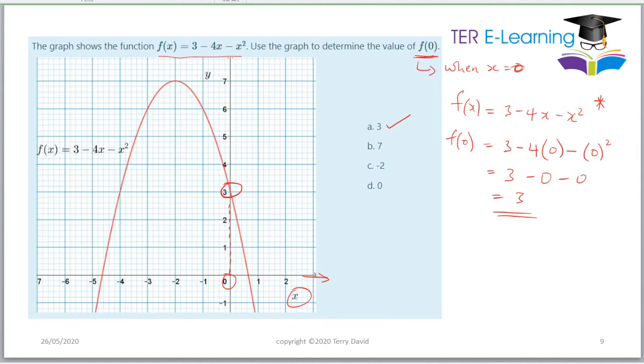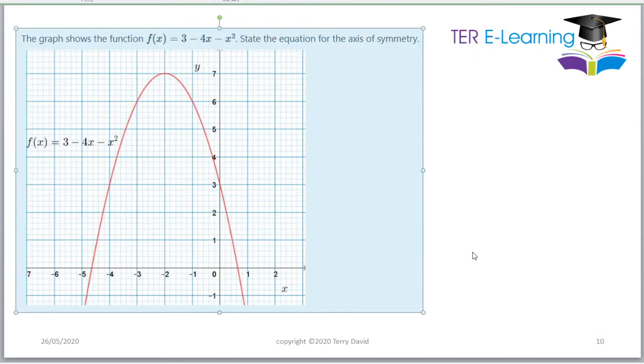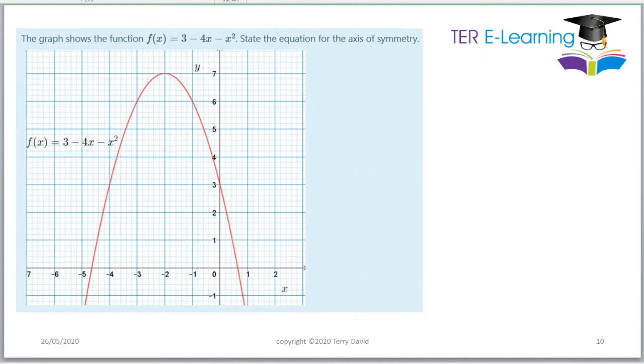So let's look at, so that was question 6, right? So question 7, we have the same graph again, all right? So we have this graph here and we want to know what is the equation of the axis of symmetry.